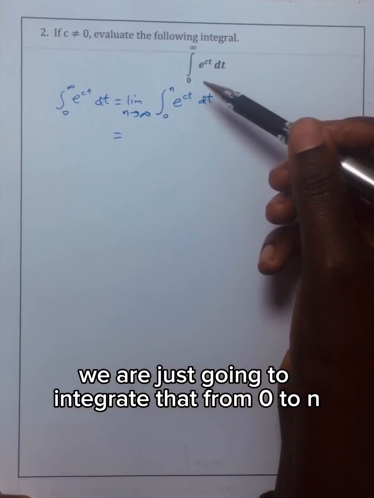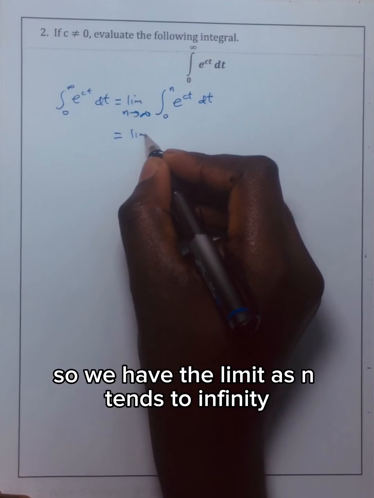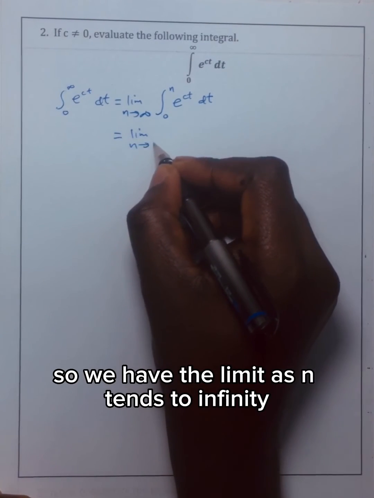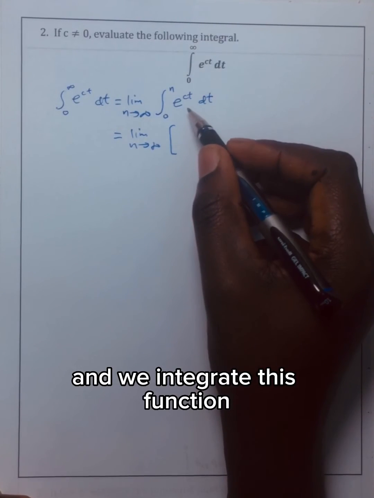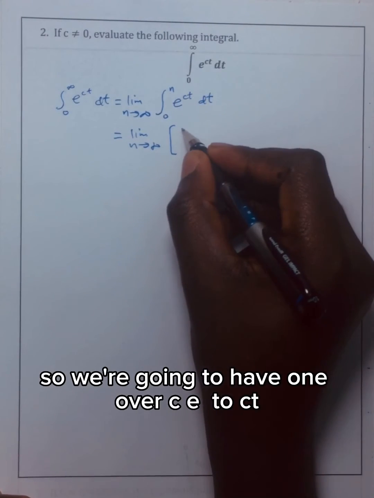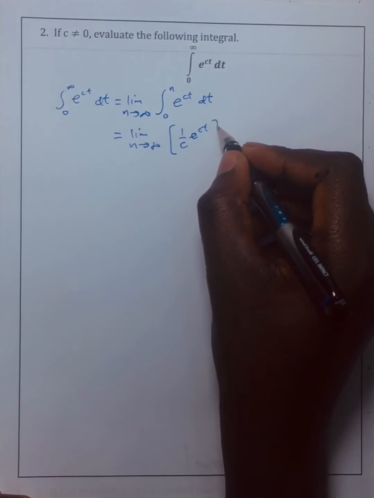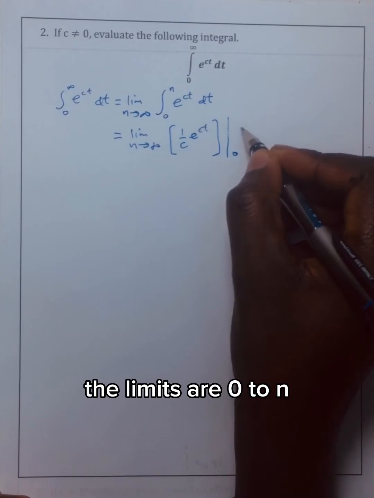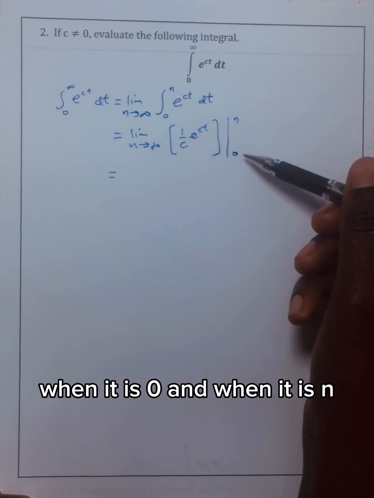So we are just going to integrate that from 0 to n. So we have the limit as n tends to infinity, then we integrate this function. So we're going to have 1 over c e^(ct), and then we have the limits 0 to n.